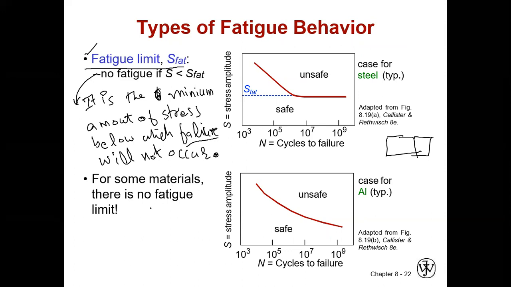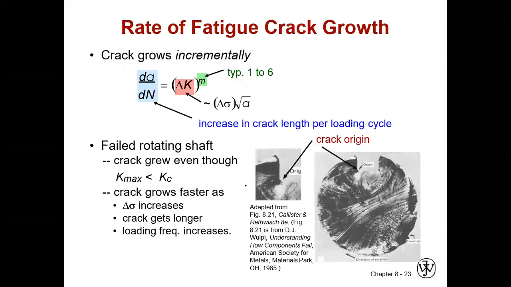Okay, and there are some materials for which there is no fatigue limit, like iron and steel grades. Now the crack growth, right? So what is A?